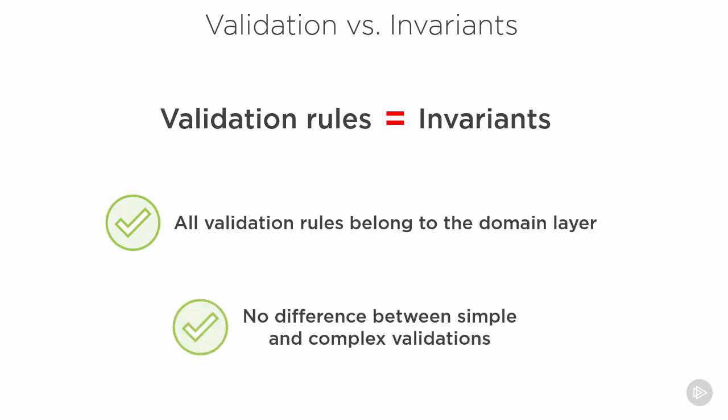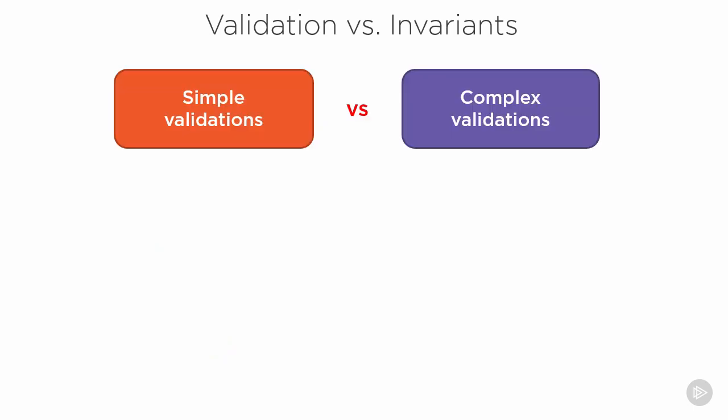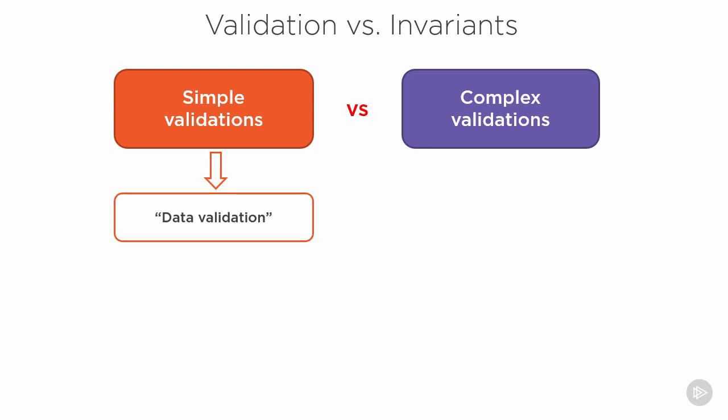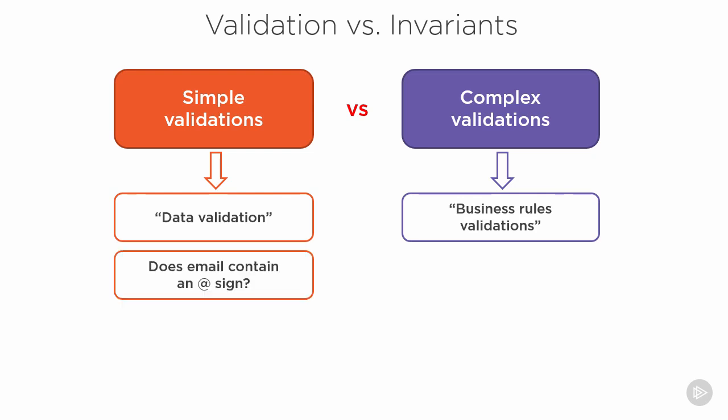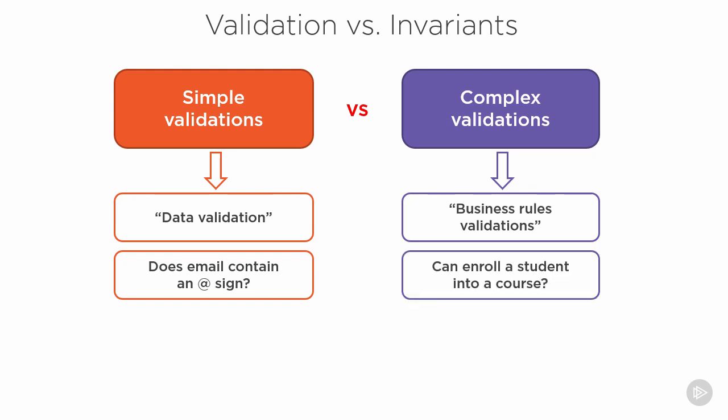The second consequence is related to another misconception, and that is the difference between simple and complex validations. Oftentimes, people differentiate between the two by calling simple validations data validation and complex validations business rules validation. By this logic, checking that the student email contains an @ sign would be data validation, while checking that you can enroll the student into a course business rules validation.